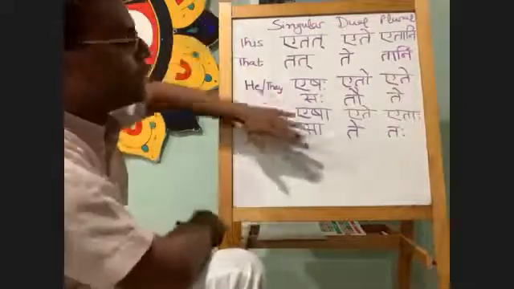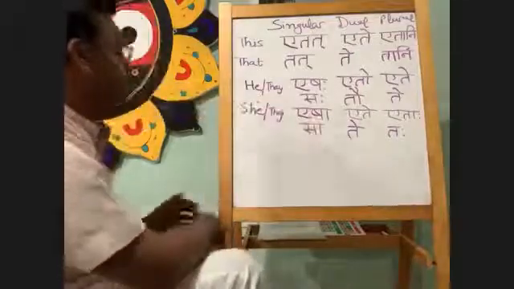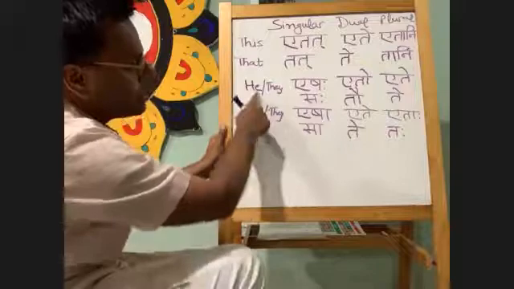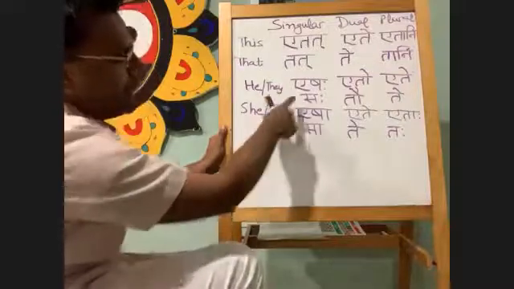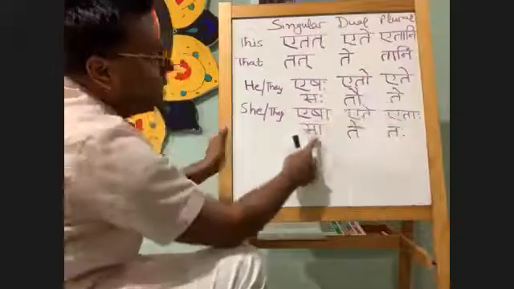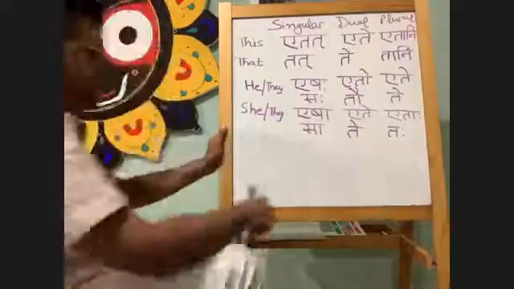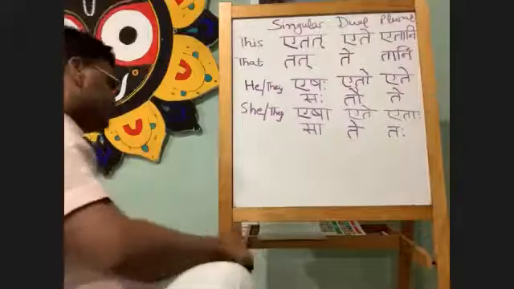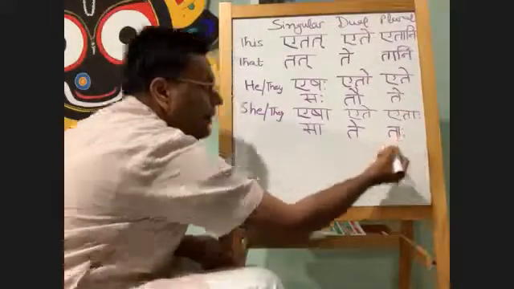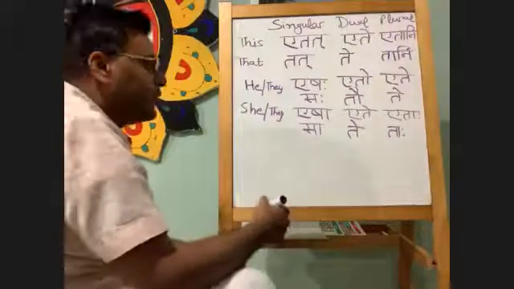And if it is too much for you, you can just do one of these two for now to address he or she. So you can do saha and sa. Saha, to, te, sa, te, taha. Actually, it's taha. Sa, te, taha.